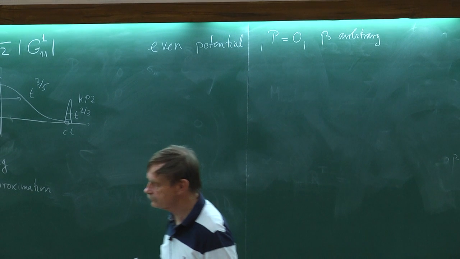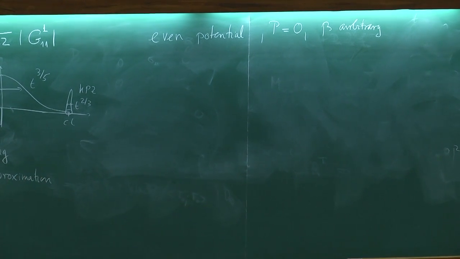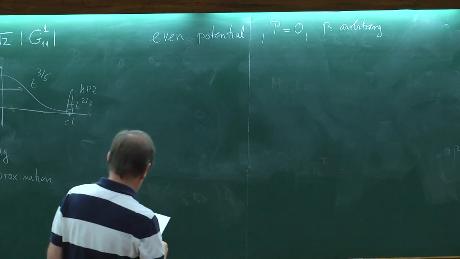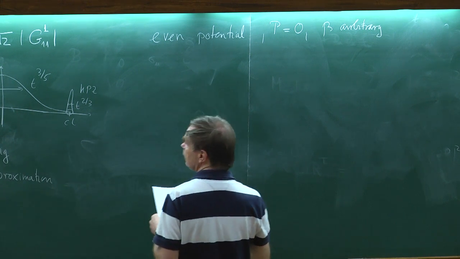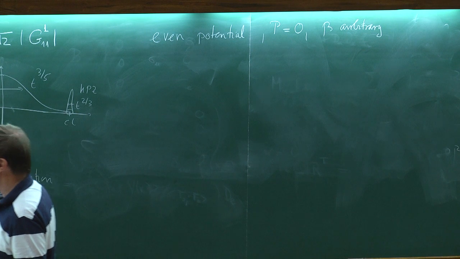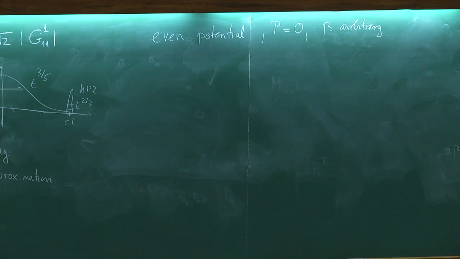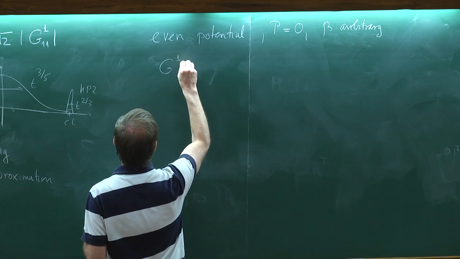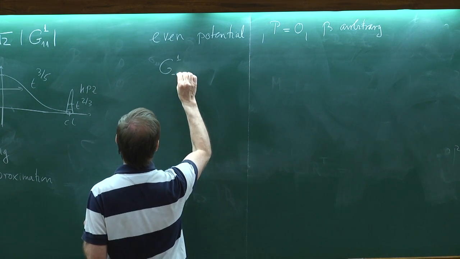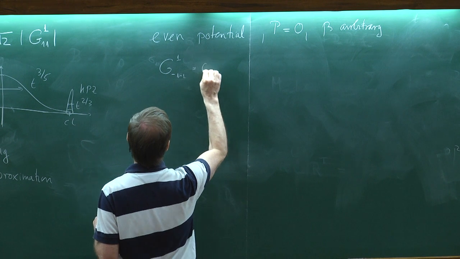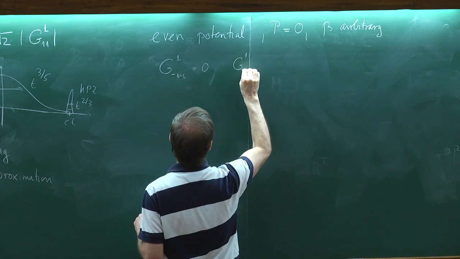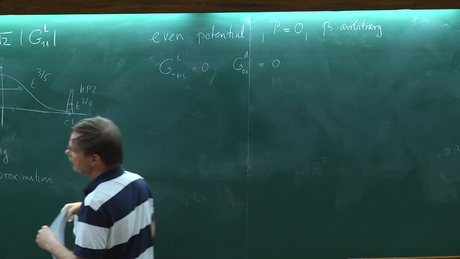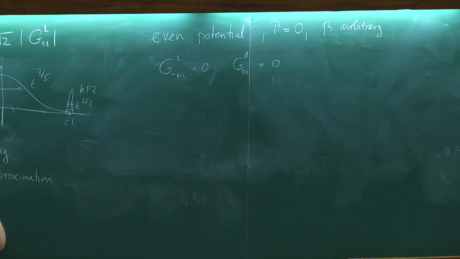Well, in this case what you find is that in fact both of these coefficients are actually 0. G1,-1,-1 is equal to 0, and also G1,0,0 is equal to 0. Okay, so now I have this matrix where these things are 0.